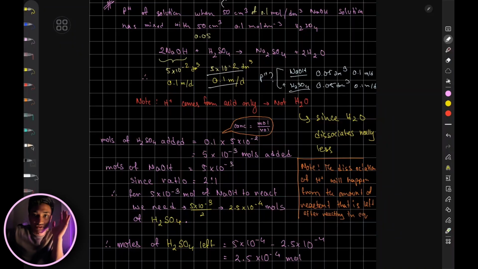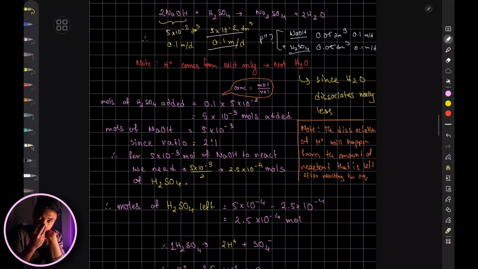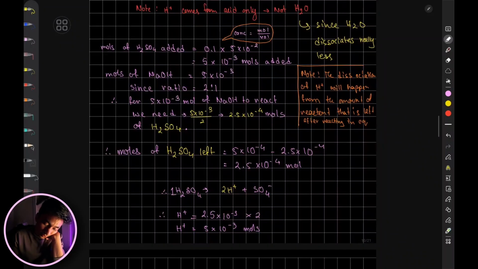More Na is being used compared to your sulfate. So half as much H2SO4 is needed. If you need 5 into 10 to the power minus 3 moles of NaOH, you need 2.5 into 10 to the power of minus 3 moles of H2SO4. I forgot to correct this, it's minus 3.